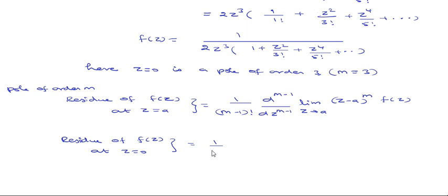Therefore the residue is 1 by 3 minus 1 factorial, that is 2 factorial, that is 2, d square by dz square, limit z tends to 0. So we will write this.